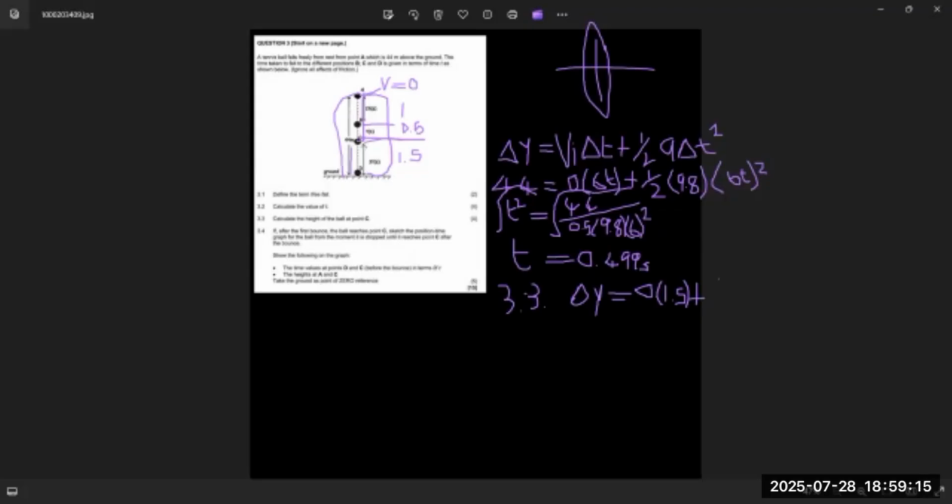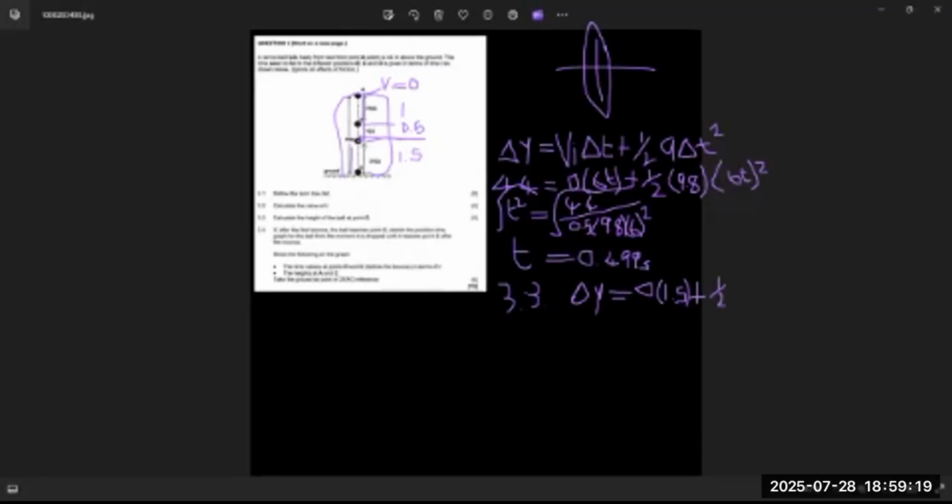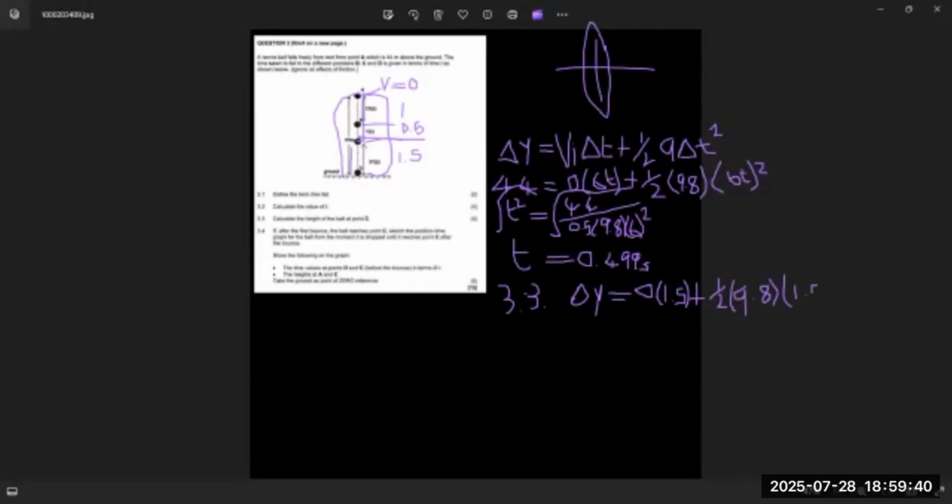Plus 1 over 2. What is our a? We don't change direction. Since our a is positive from the initial calculation, we keep it positive whenever it's going down. So now, our change in t would also be 1.5, all squared.